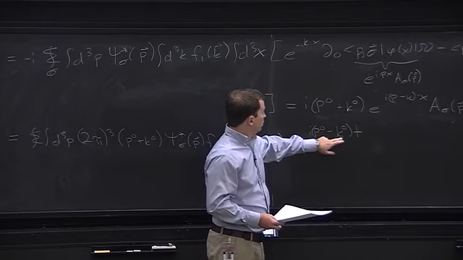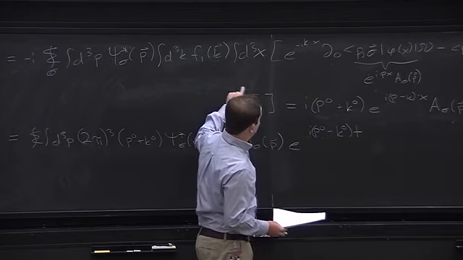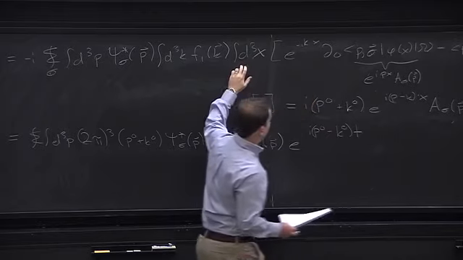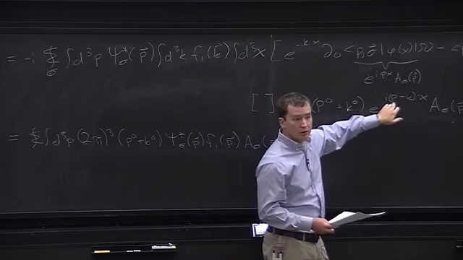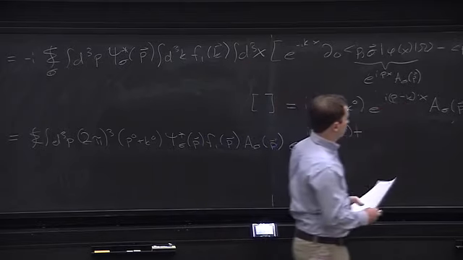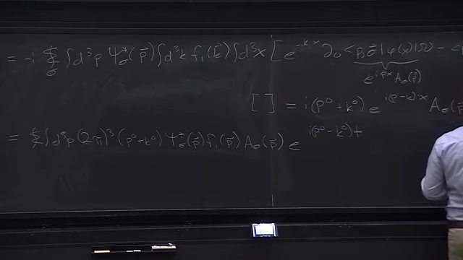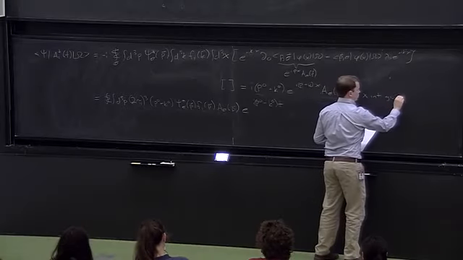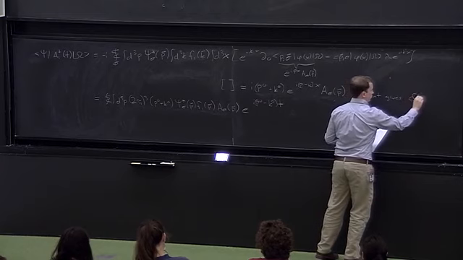And these states have the same momentum because when we did the x integral, we got a delta E minus K. So the x integral gives a delta E minus K.